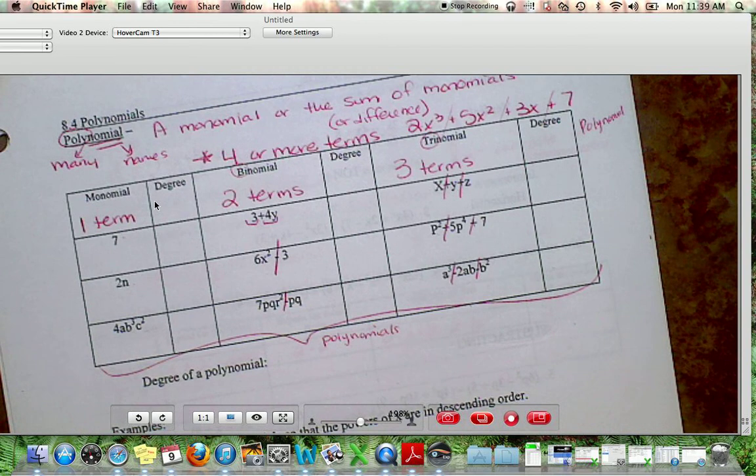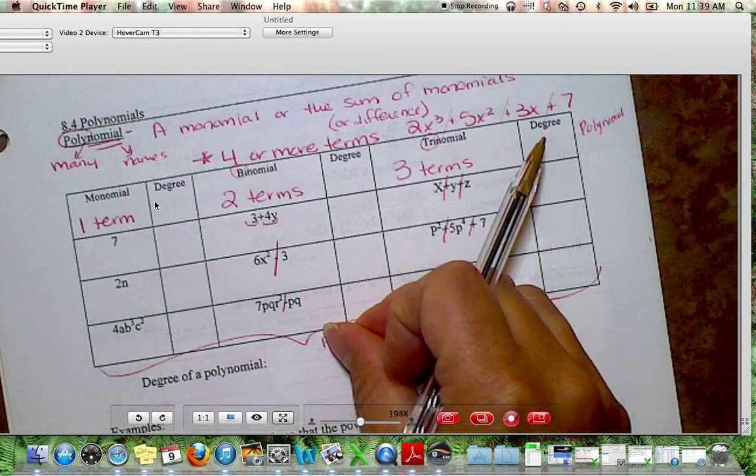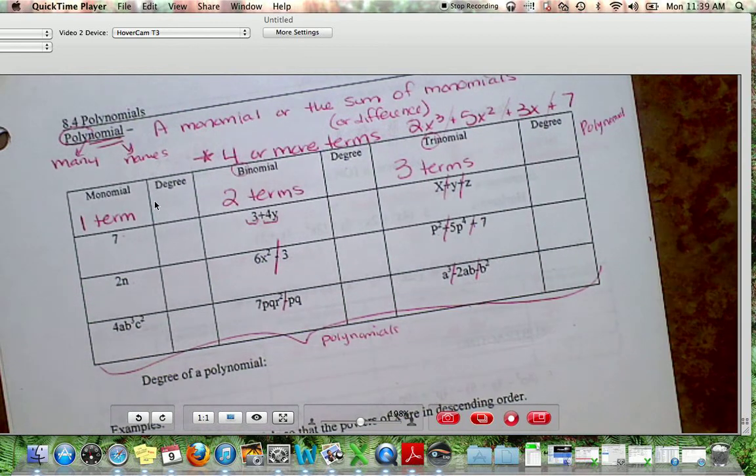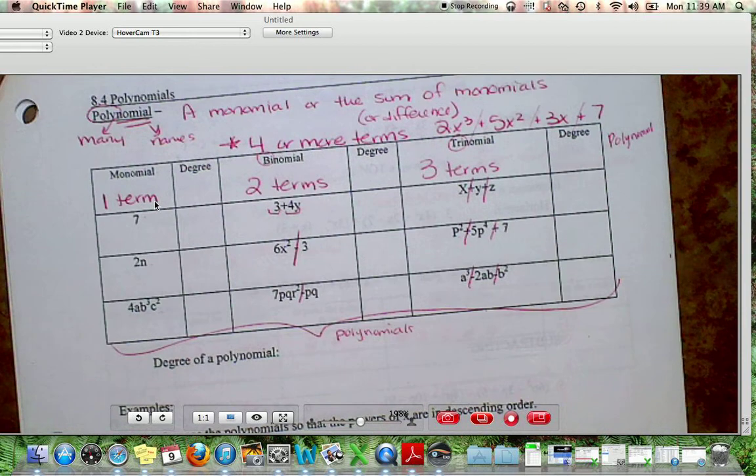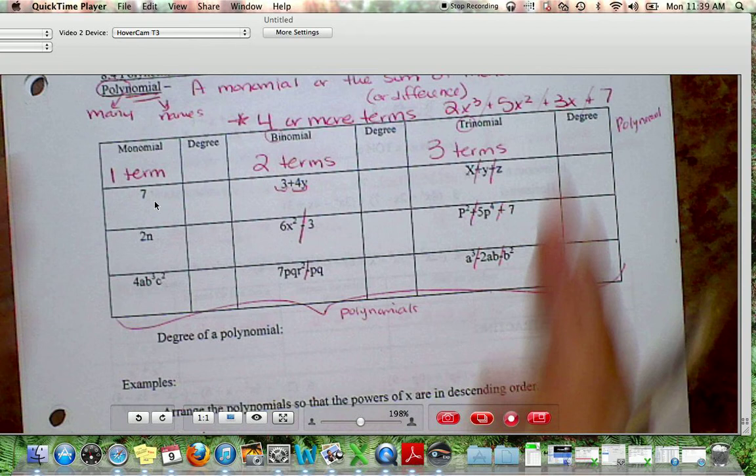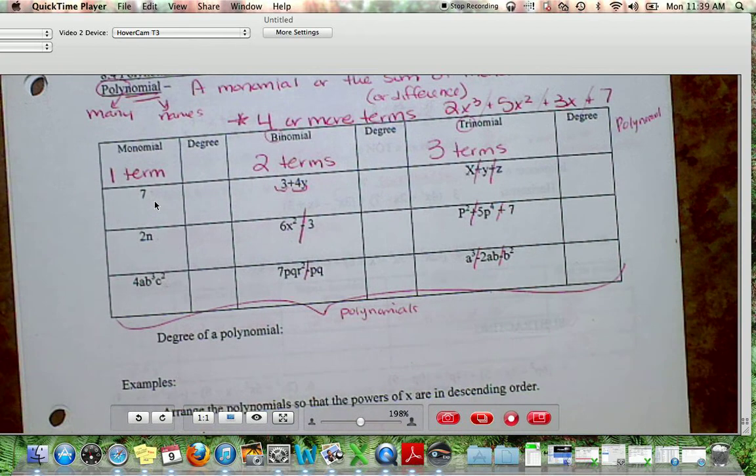So if you live out in the country and you have a farm, let's say, you still live in this country. So it's kind of like a category within a category. So it can be a little confusing, but just try to remember that a polynomial would have 4 or more terms, but technically all of these things are considered polynomials, okay?